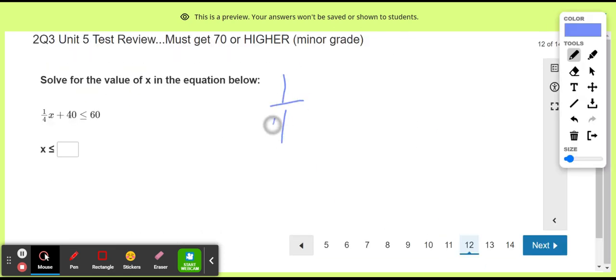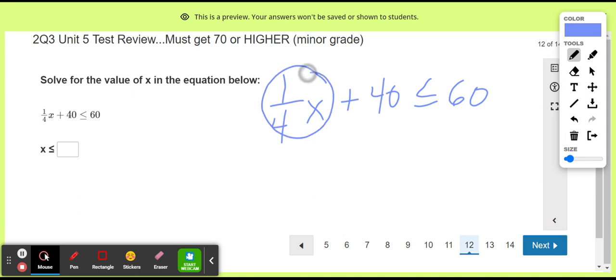We have our variable term, 1/4 times x plus 40 is less than or equal to 60. Circle the variable term, bring the symbol down, and we're going to start by solving with subtracting 40 to cancel the adding of 40.